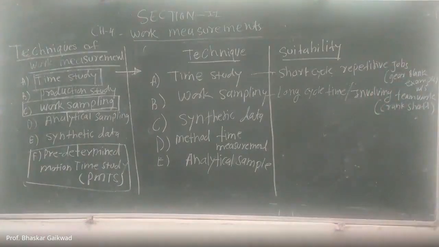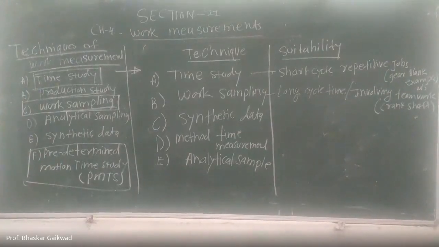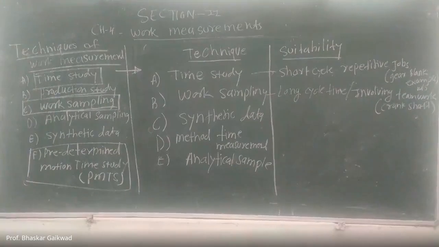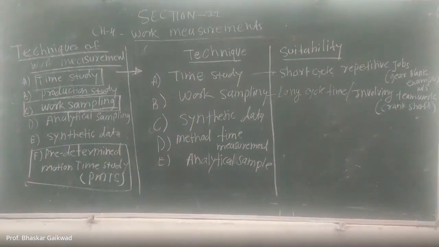To manufacture this crankshaft, the process is very long, because it is manufactured by forging, machining, and a heat treatment process. So the cycle time is long, and it is not done by only one man. For forging, a separate man; for heat treatment, a separate man; for finishing, a separate man; and for machining, a separate man.